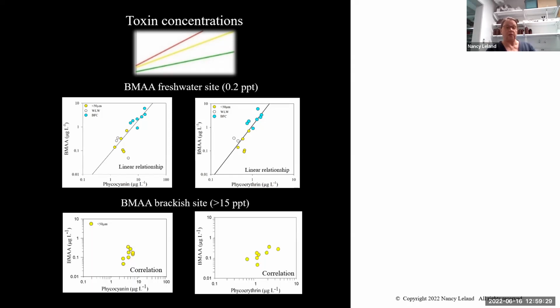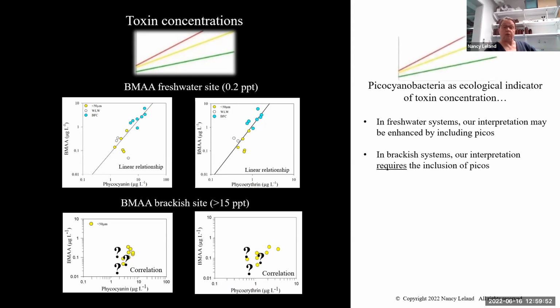So that was pretty exciting. At our brackish site, again, we were faced with the same question. We have correlations between the phycocyanin and the phycoerythrin and the BMAA. We would prefer to know whether we actually have linear relationships there. So that's something else that we need to spend more time studying.